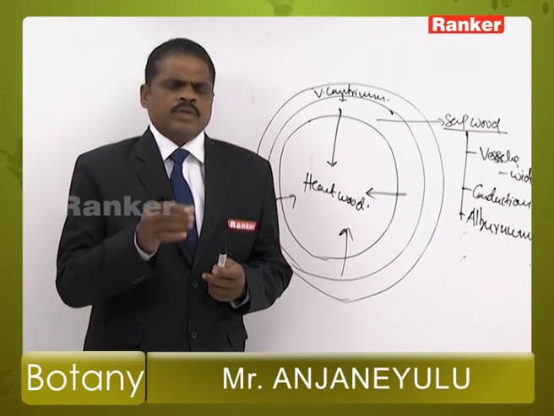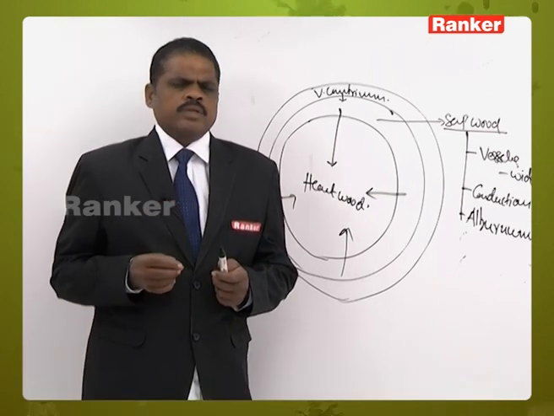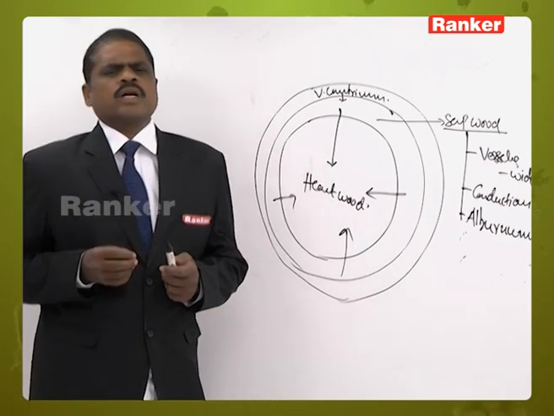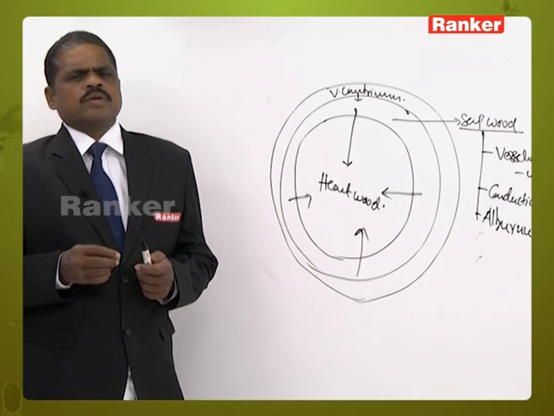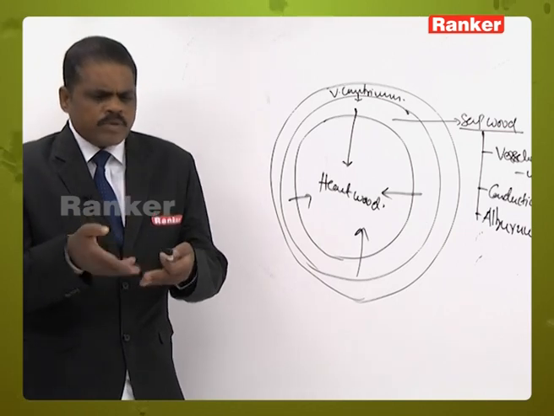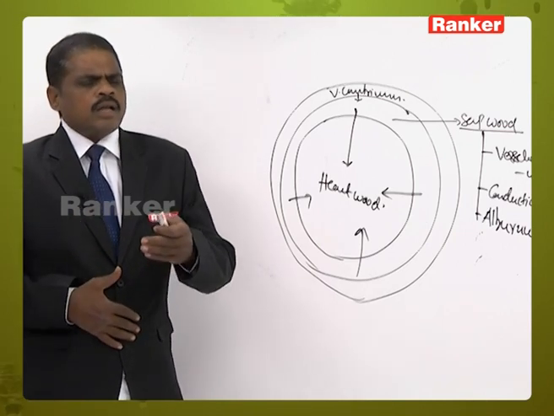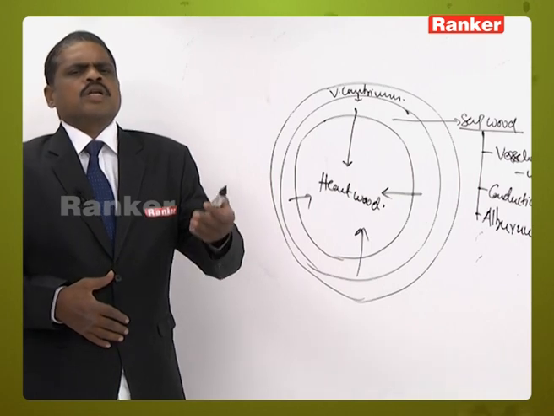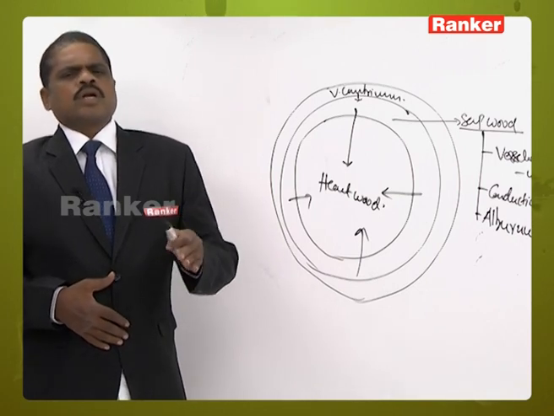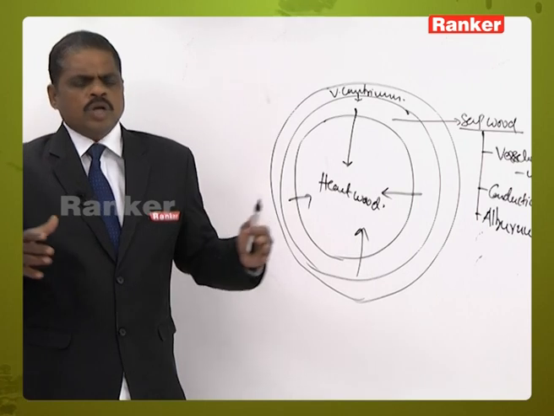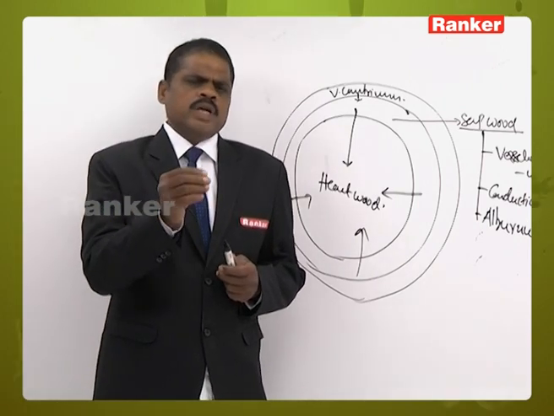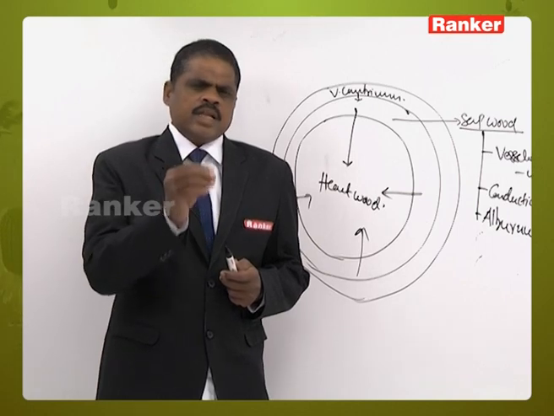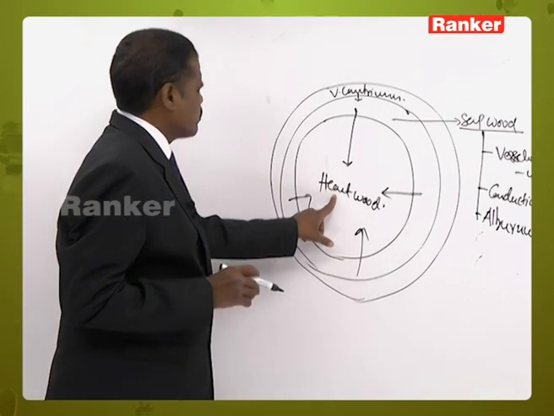The vascular cambium produces sapwood just inner to it. When new sapwood comes, the already present sapwood is transformed into heartwood and pushed to the center. That's why the wood present in the center of the stem is heartwood.